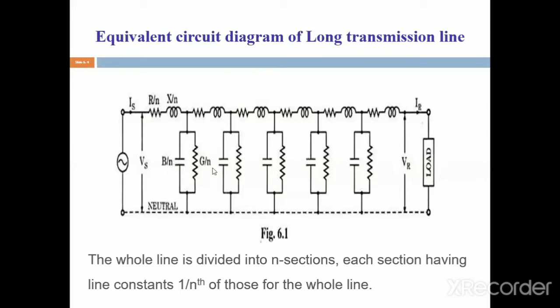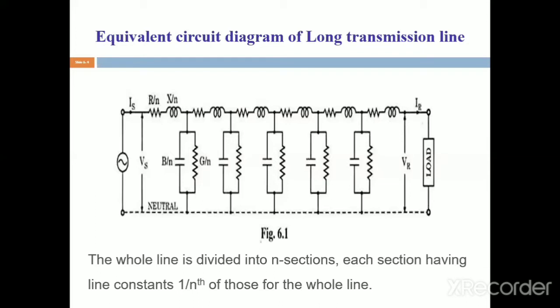These parameters are to be uniformly distributed, up to n parameters we are having. That's why we have taken them as R by N, X by N, B by N and G by N.